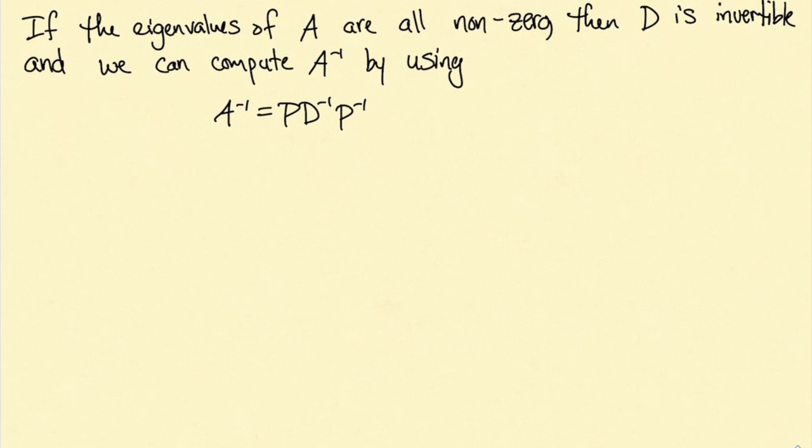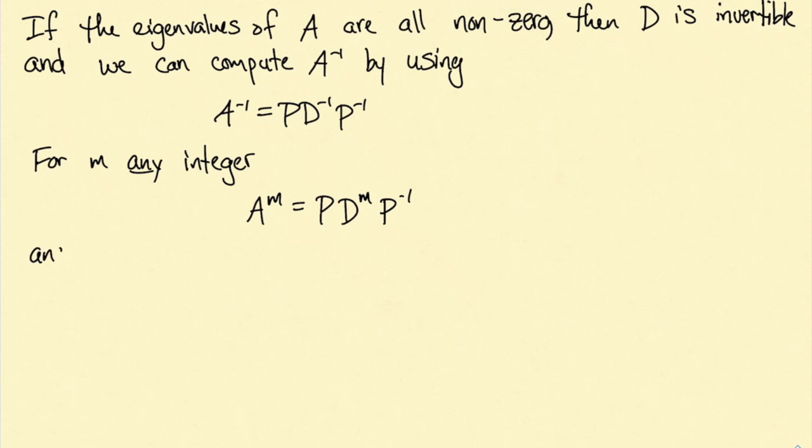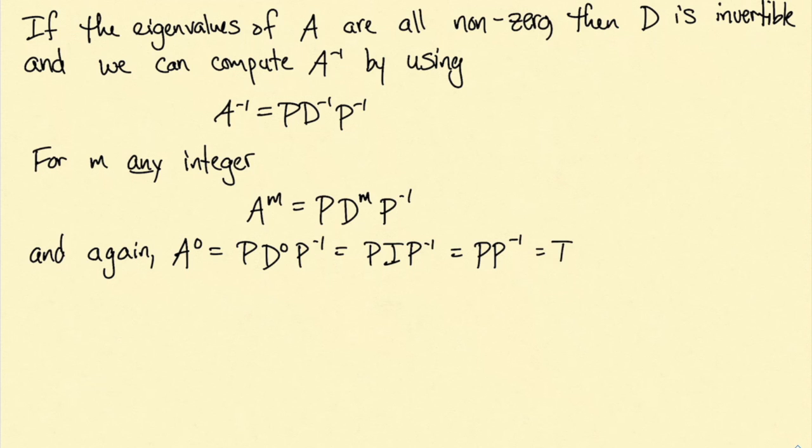And just as before, we can compute negative powers of A by the exact same formula. And again, we can define A raised to the 0 power because we can define D raised to the 0 power as the identity matrix. So we get P D to the 0 P inverse is P I P inverse is P P inverse, and of course that is the identity.